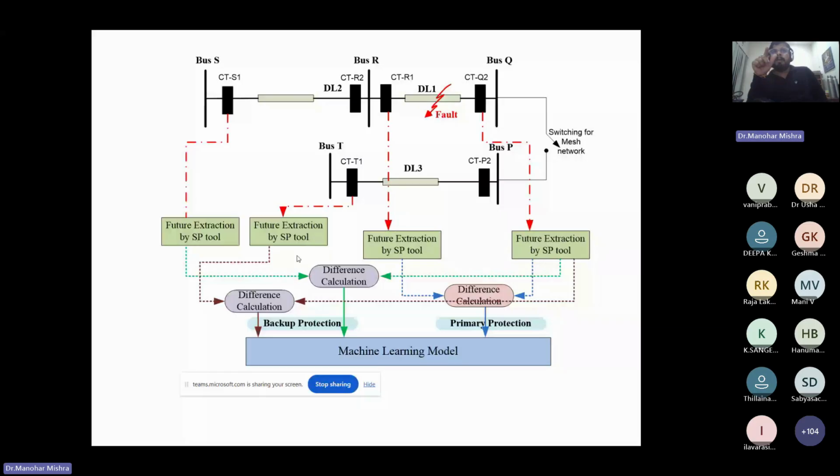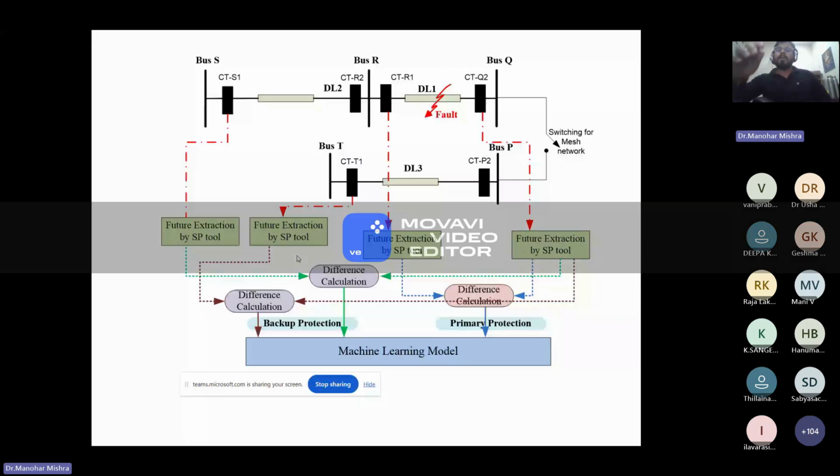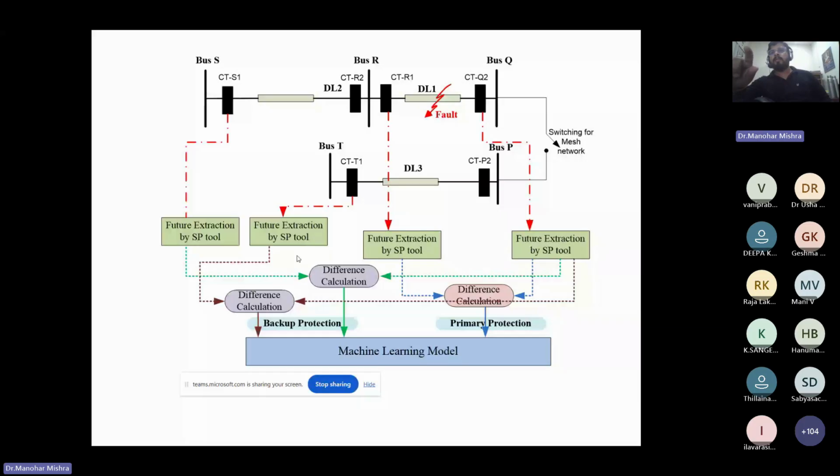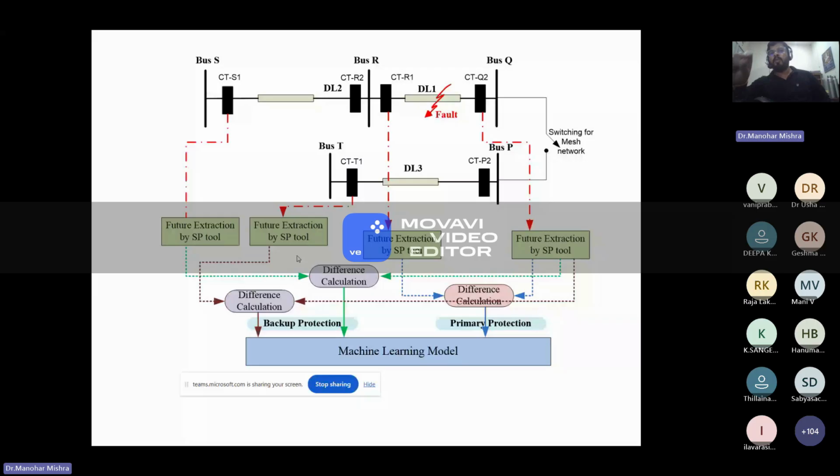Here, like bus R, S and Q are there, and if a fault occurred in line 1, DL1 for example, we take the current from CT Q2 and CT R1. We collect the current values and apply the signal processing, calculate the features, calculate the difference, and this value is input to the machine learning technique for training and testing.